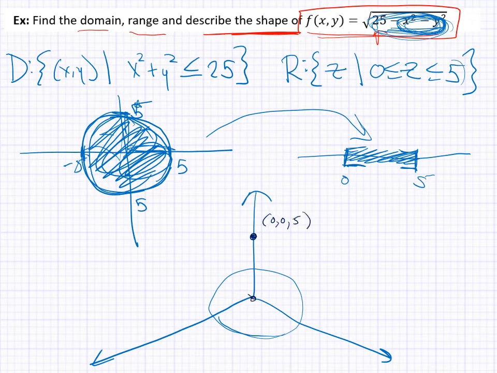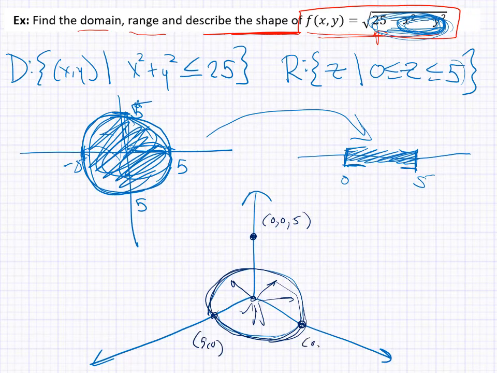And as I move outward along this circle in my domain, the z values will start becoming smaller. By the time I get to the outside, the z values on all these points, like this point or this point, which would be 5, 0 or 0, 5, would have a z value of 0, because if I plug them in the function, that's what's going to happen. And so what you end up getting is a surface that looks like this.